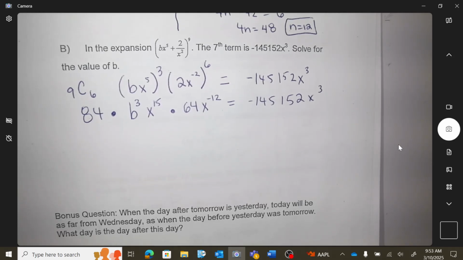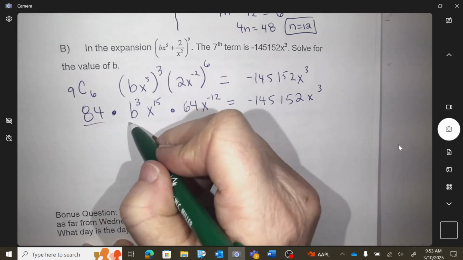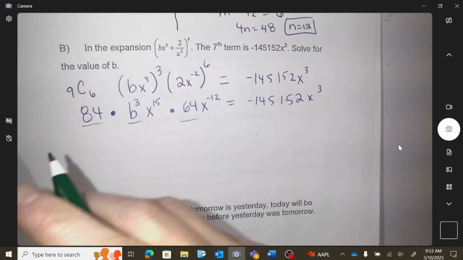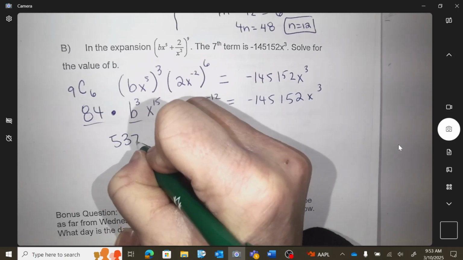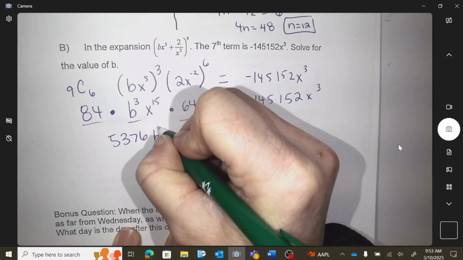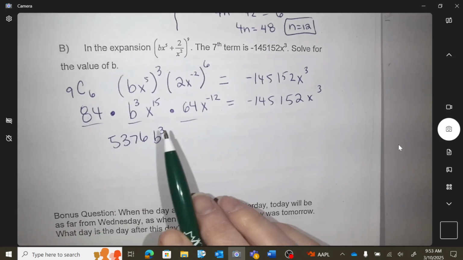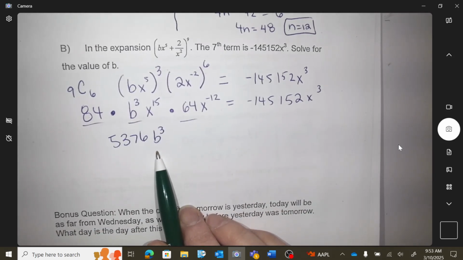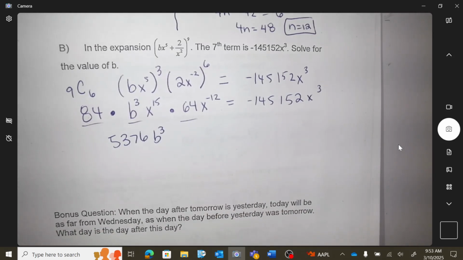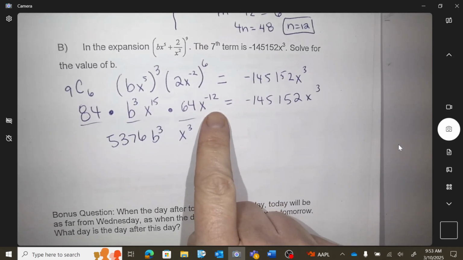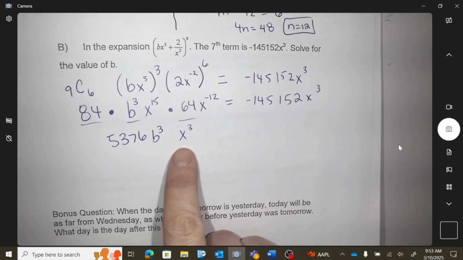Okay, so let's put this together. 84, 64 with the b cubed. I just keep it there. x^15 and x^-12 would get you to an x^3.